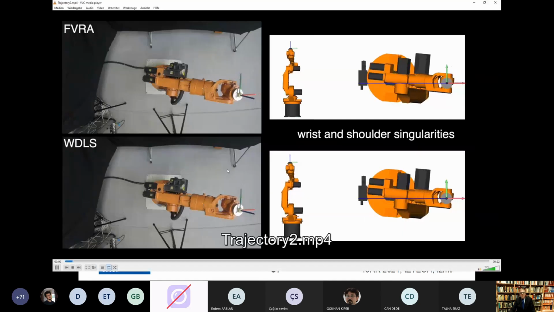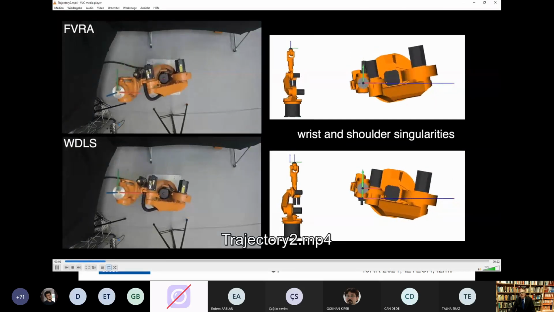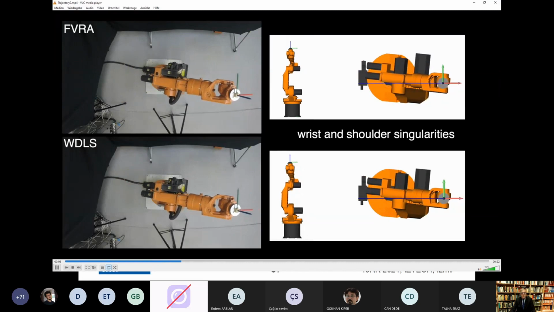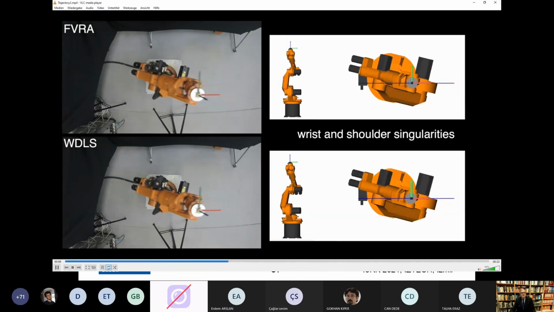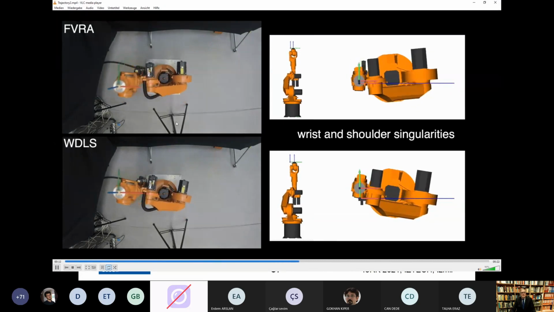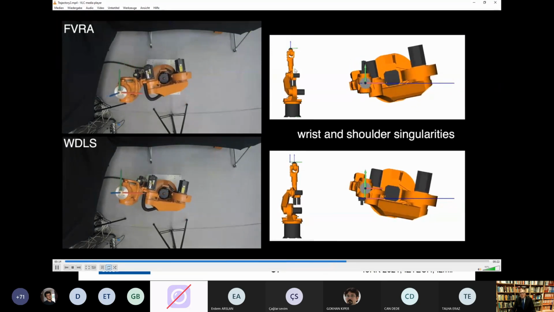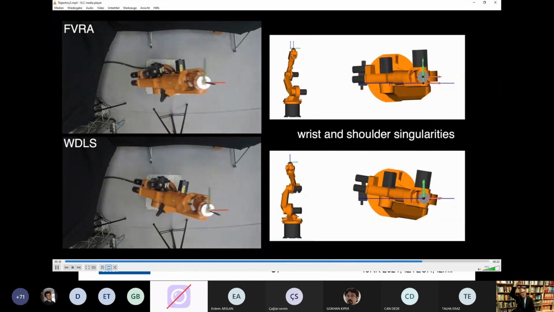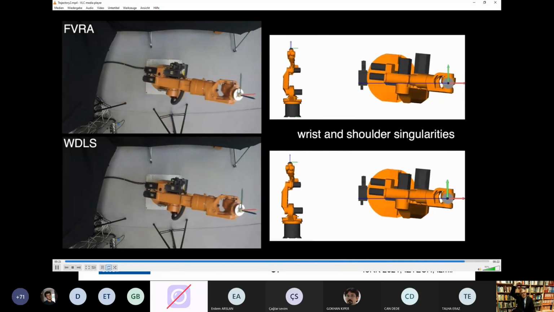Here we have a case where two singularities are reached at the same time, so these issues become more and more severe. The robot is at the stretch position, and the head singularity occurs when the end effector is just on top of the axis.